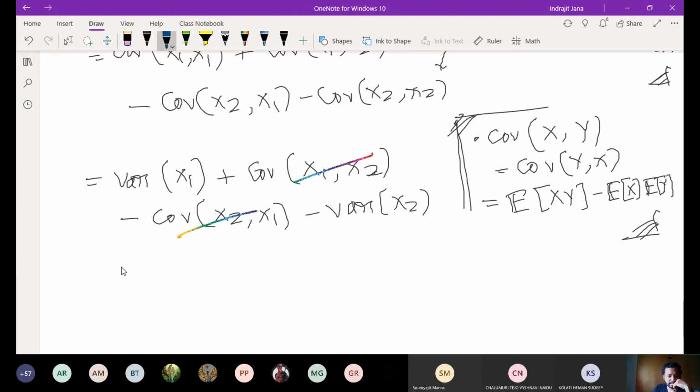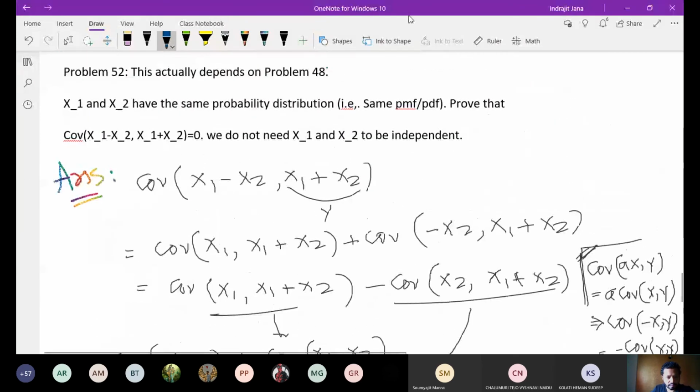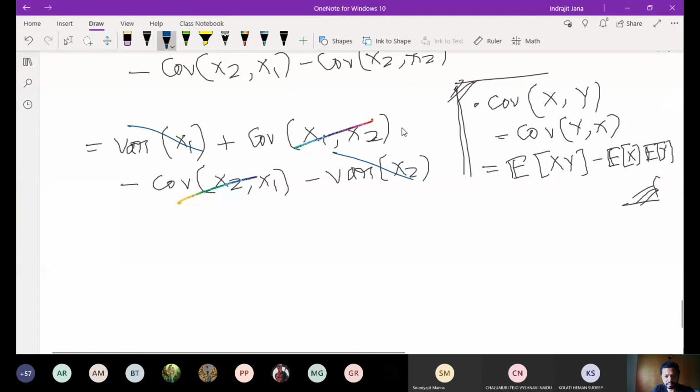The other part is that the variance of x1 will cancel with the variance of x2. Why would variance of x1 cancel with variance of x2? That is given in the description of the problem: they have the same PMF or PDF. If two random variables have the same PMF or PDF, they have the same expectation, variance and everything.